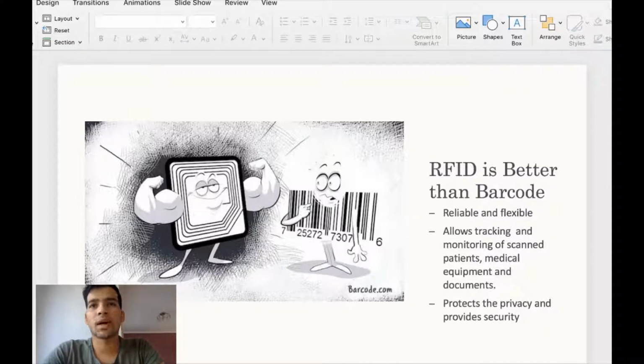Barcode has several privacy and security issues, and even though the captured data from a barcode can be encrypted, it cannot be prevented from decryption and cannot be prevented from being copied using various tools available in the market. However, data on the RFID tag are difficult to track as well and difficult to crack.